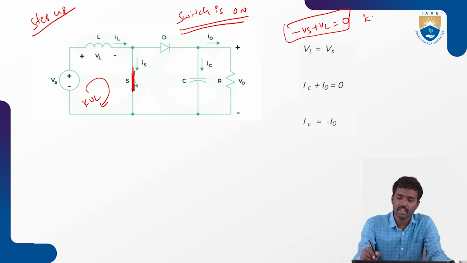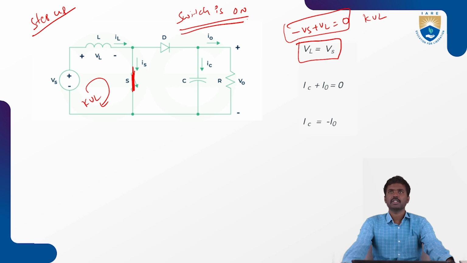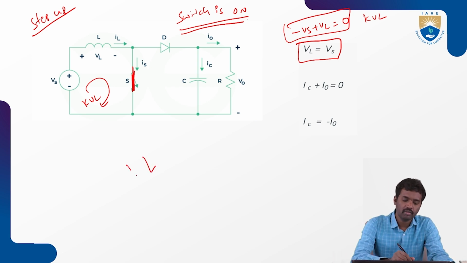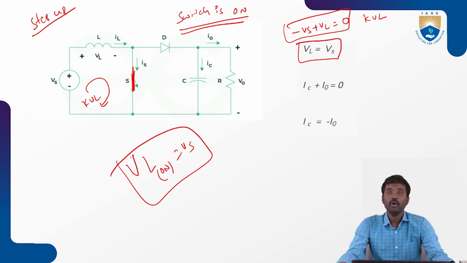This is the KVL equation. So VL equals Vs. VL on equals Vs only, the supply voltage. Now we need the inductor voltage when the switch is on and the capacitor current when the switch is on.